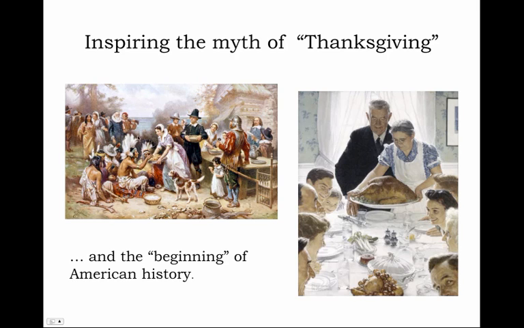Certainly in this artist's conception, I think that mythology is captured, showing native peoples and English Puritans, though note the presence here of a soldier. Would that be John Smith? One's not sure. Sharing together a bountiful harvest in terms of friendship and harmony. This is all basically rubbish.